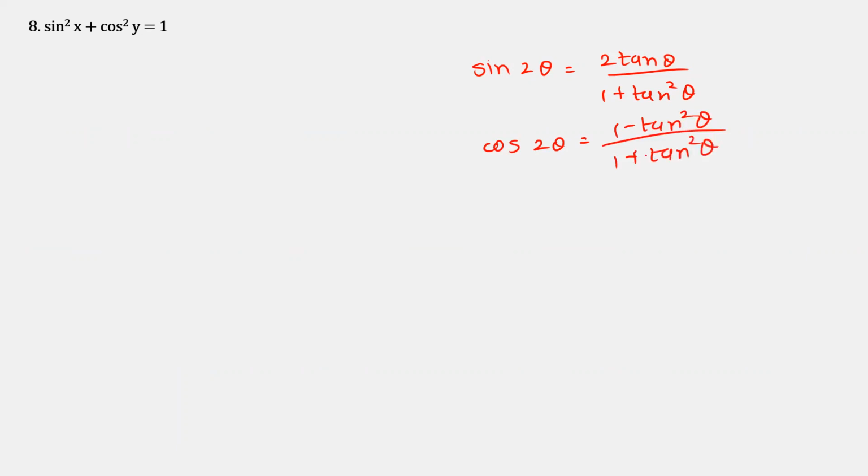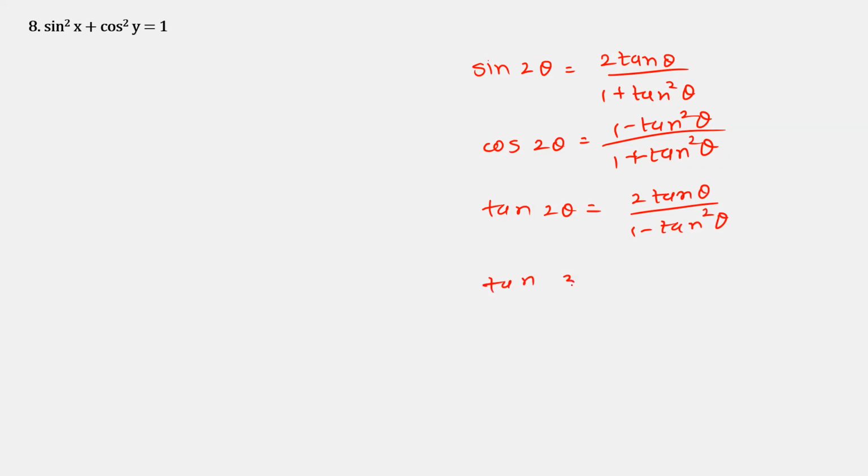Once you have this in front of you, it will be easy to solve 9th onwards. That way you can say tan 2 theta is equal to 2 tan theta upon 1 minus tan square theta.